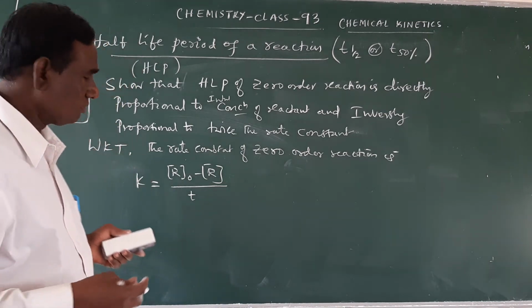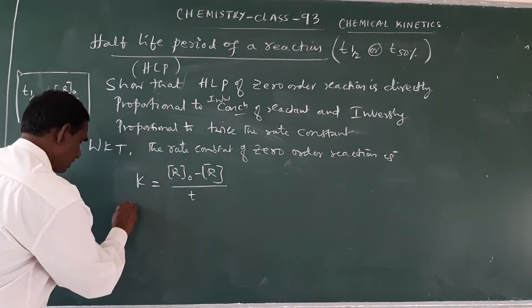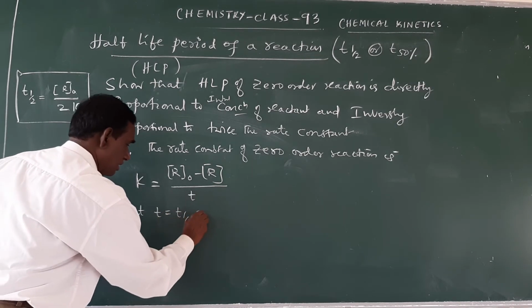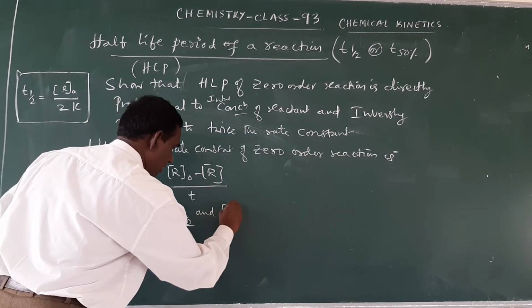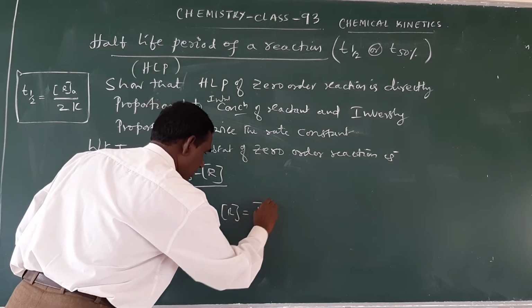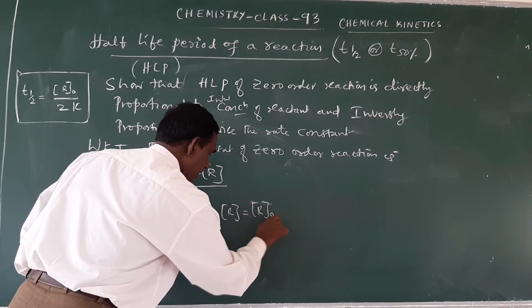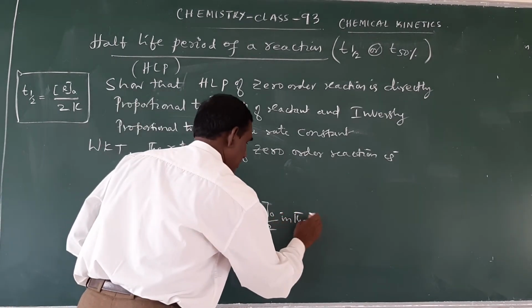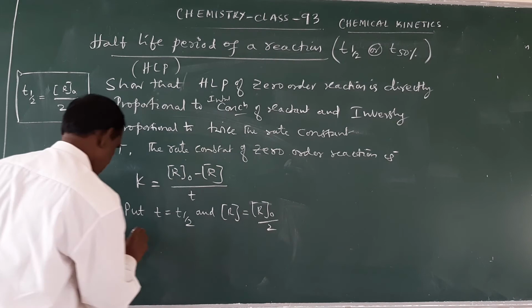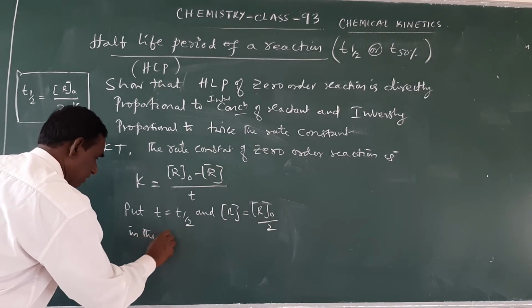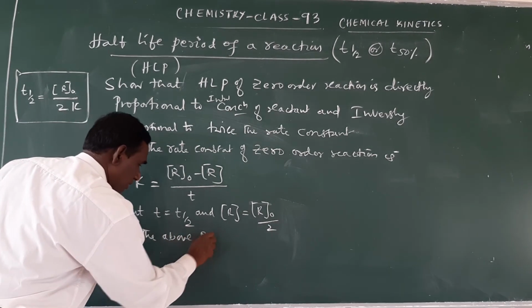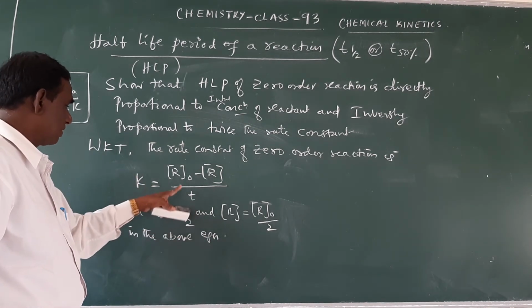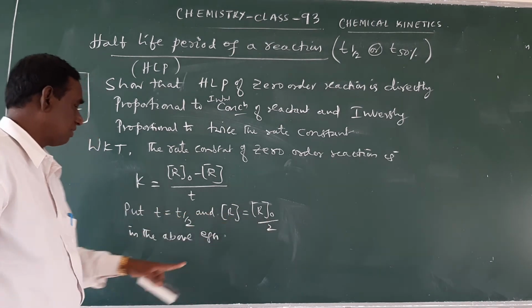Now put T is equal to T half here, and concentration of R is equal to concentration of R naught divided by 2 in the above equation. That means in this equation put T is equal to T half and R is equal to R naught divided by 2.